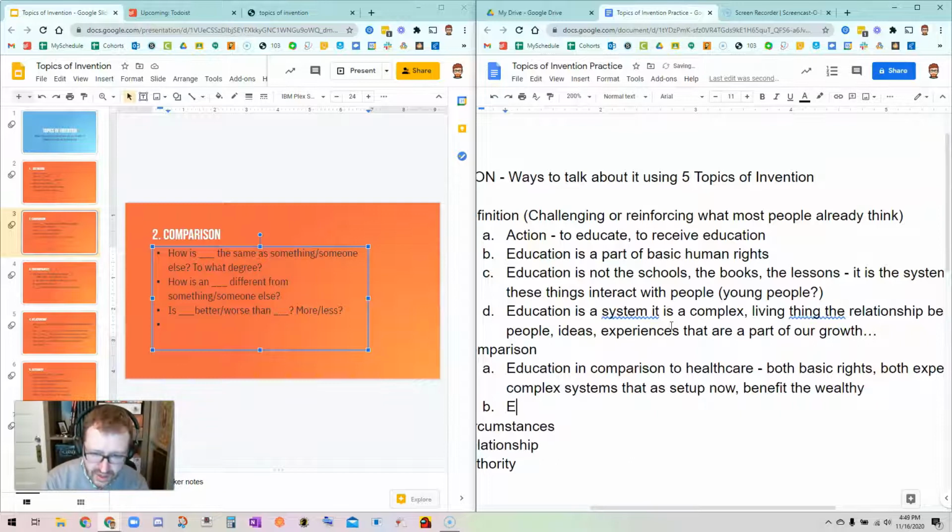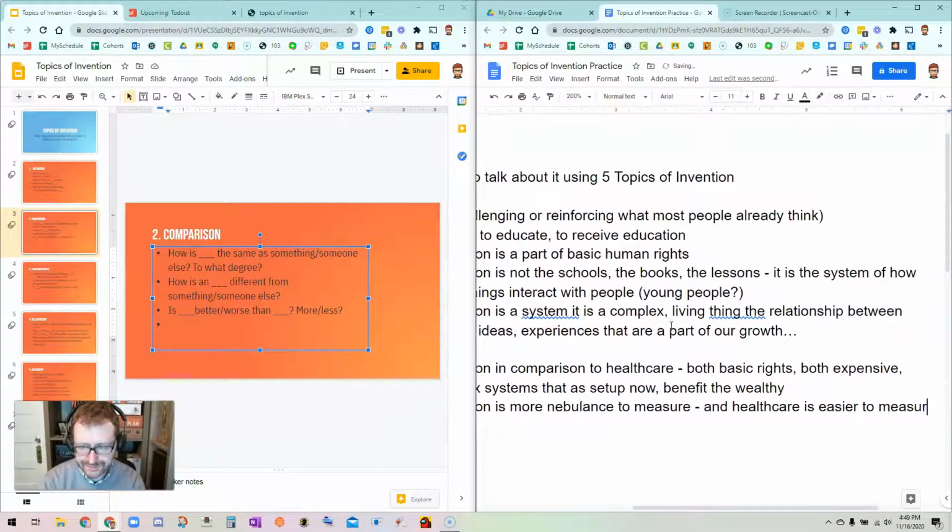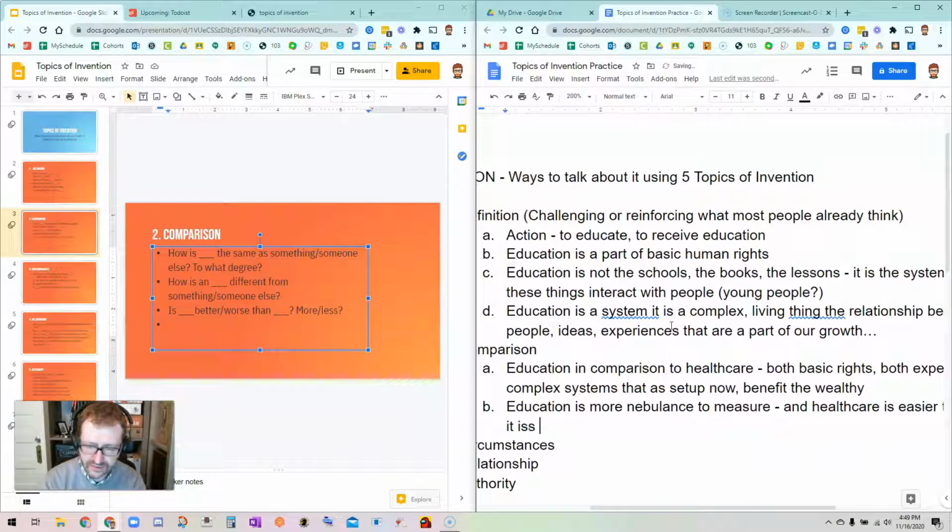However, perhaps education is more nebulous to measure, and healthcare is easier to measure if it is successful. I'm sure there is debate about how to measure the success of healthcare, but people being sick or healthy, dying or not, is a little cleaner cut than what is a successful education.